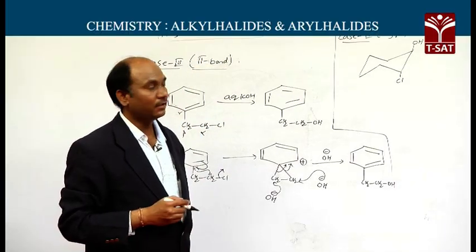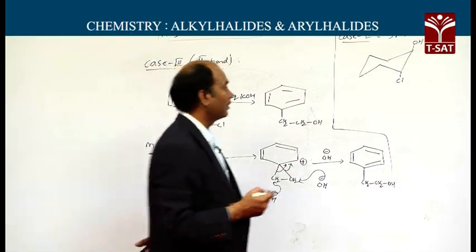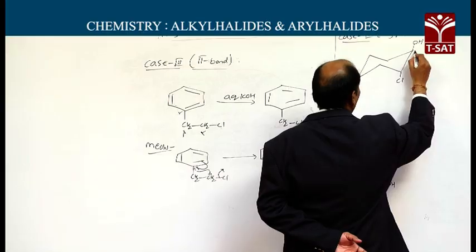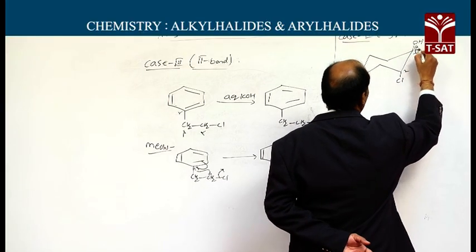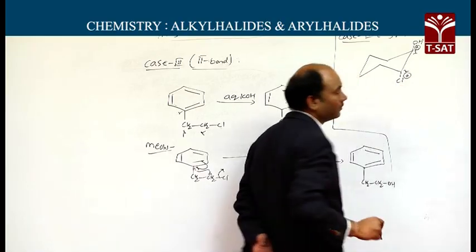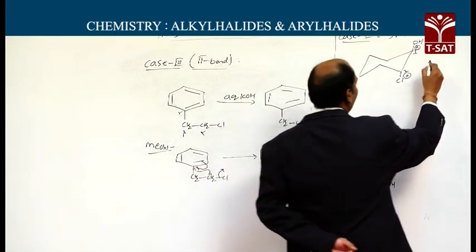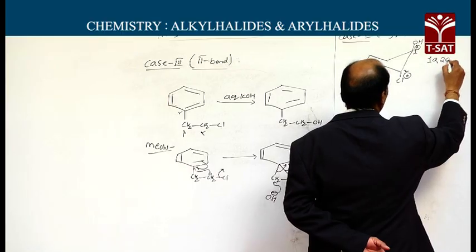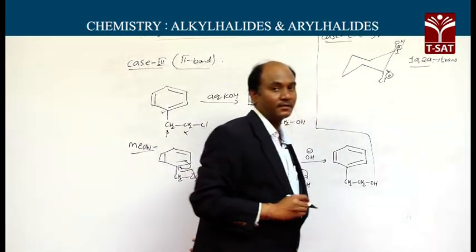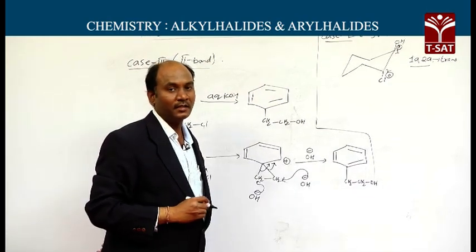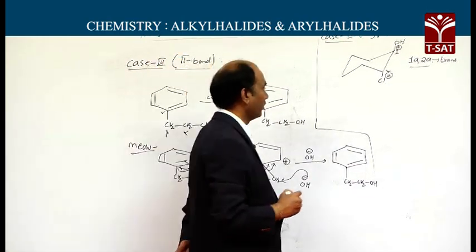OH and Cl are both in anti position. If you give numbering 1, 2, this is an axial bond, this is also an axial bond. One axial to axial, this is trans, these are anti positions.